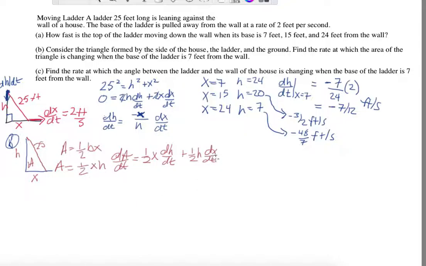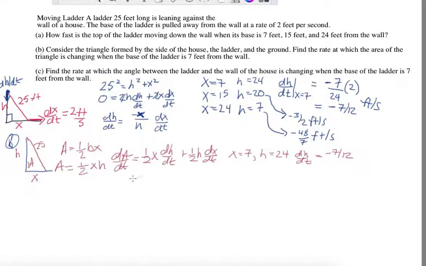And so here, we have how dA dt is related to dh dt and dx dt. We're looking for it when x is 7 and h will then be 24. And in letter A, we found dh dt at this moment. dh dt is equal to negative 7 over 12.